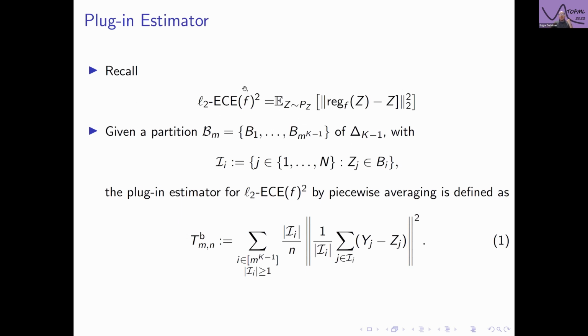So the starting point is the form of the L2EC, which is this averaged L2 norm of the difference between the observed probabilities and the predicted probabilities. So intuitively, we want to define some sort of a plugin estimator of this quantity.